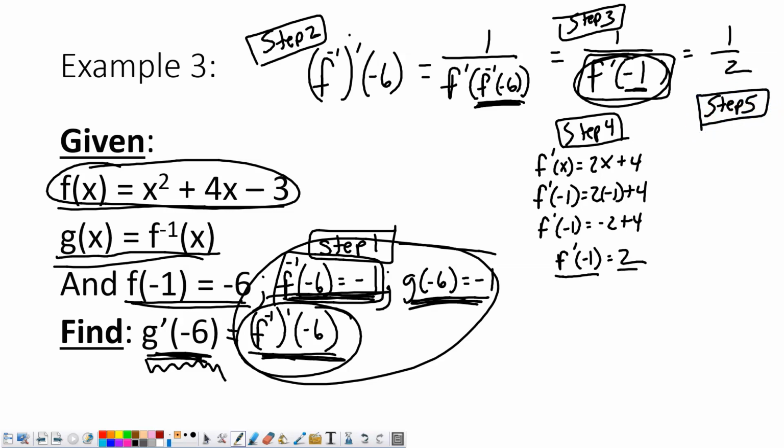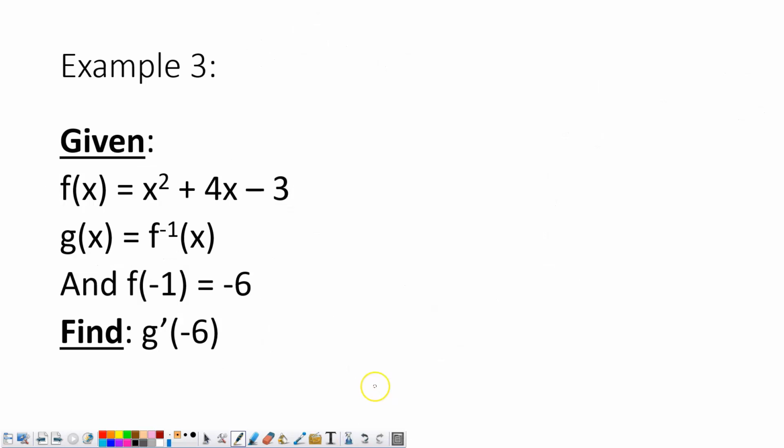So that's that. Now another way you can think about this is in the following way, but if this is making your brain twist in 20 different directions, this might be overwhelming for you, but it's quicker if you understand it. So here's what I know. I know that g is the inverse of f. I know they want me to find the slope of g at negative 6. I know that since g is the inverse of f, the slope of g at negative 6 will be the reciprocal of the slope of f at negative 1.